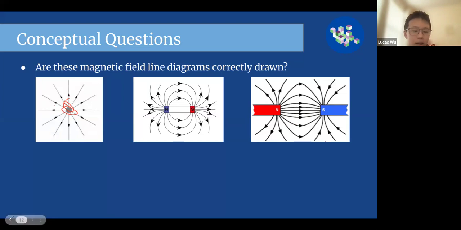On the diagram, we see that there are lines going from the North Pole, and it also seems like there are lines going from the South Pole, right?